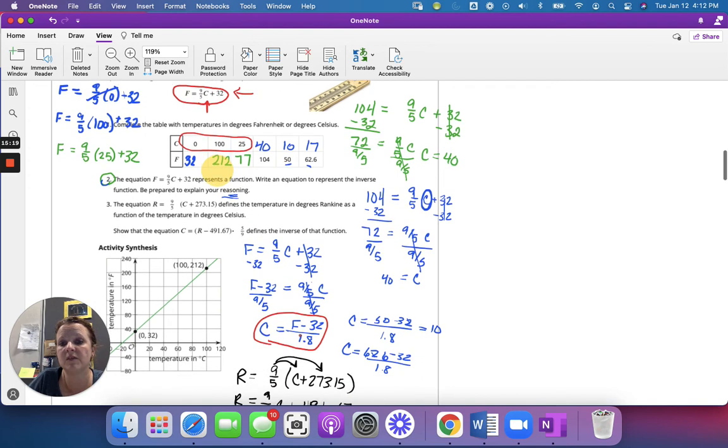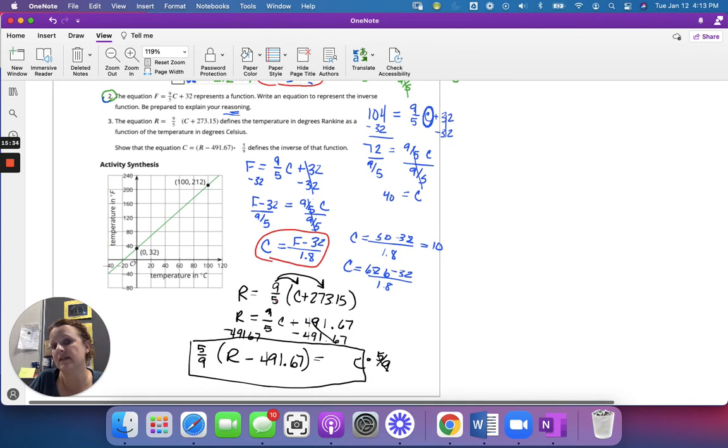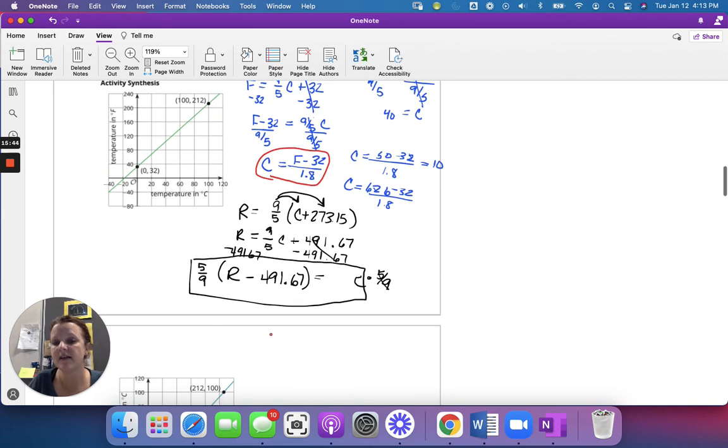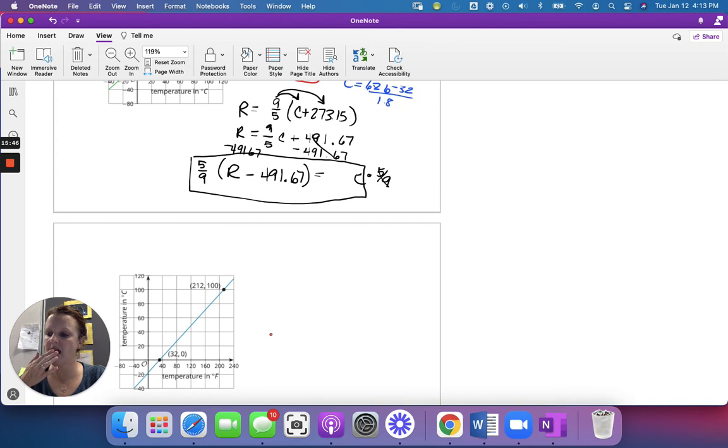Now we would use this equation when we were inputting all the Fahrenheit values and it was spitting out all of the Celsius values. Same with the Rankine and the Celsius. If our input was Celsius, we were trying to get out Rankine, we'd use this equation. And then the inverse one, if we're trying to input Rankine and spit out Celsius, we'd use this equation. That's what inverse equations do for us.